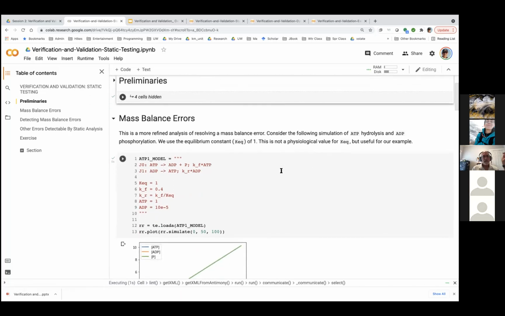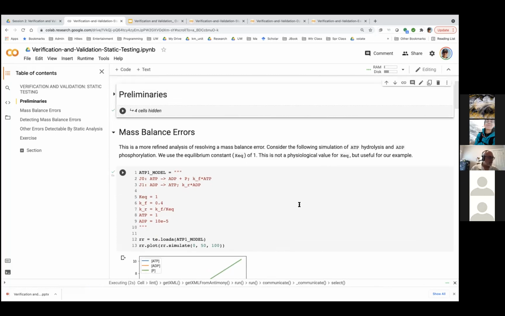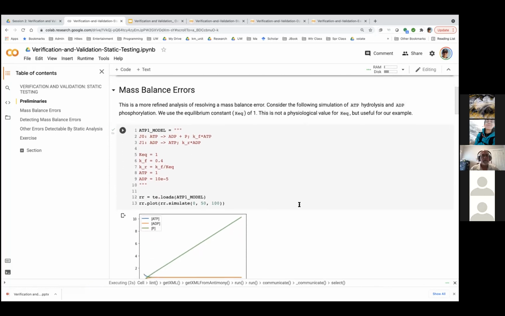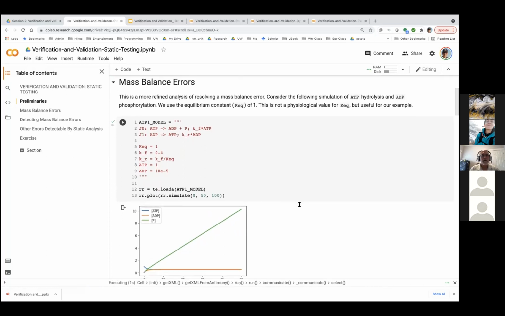Okay. All right. So the first part of this that I wanted to just explore with you a little bit, not in great detail, is that in general, when you encounter a mass balance error, you can treat this in a couple of ways, and we saw this before. You can explicitly include the molecule.